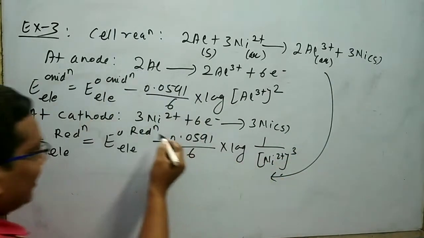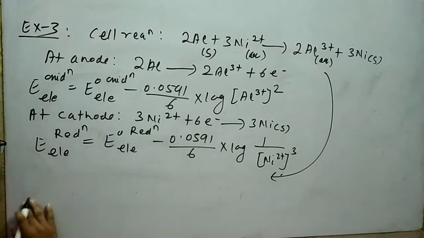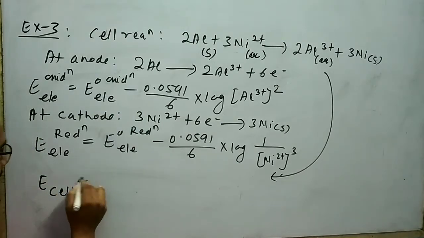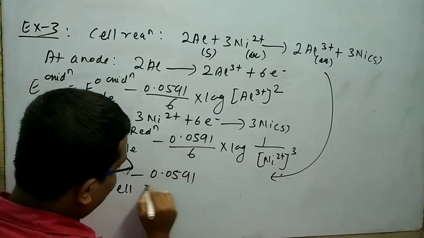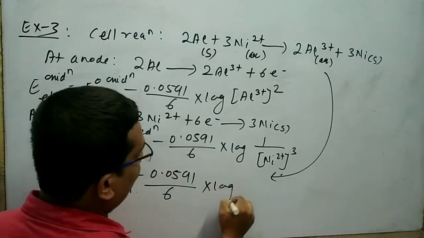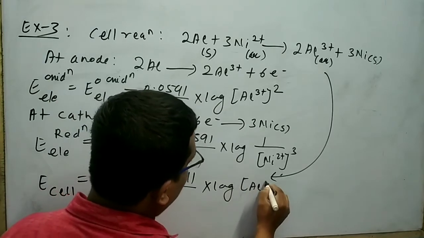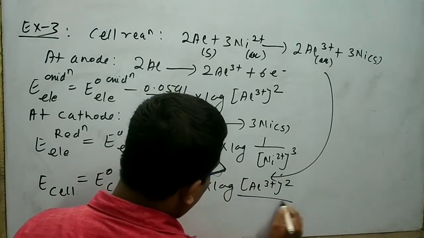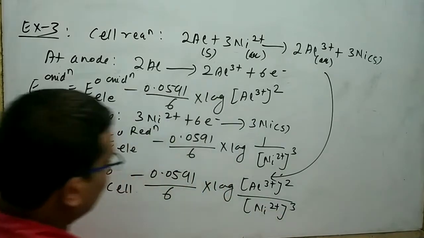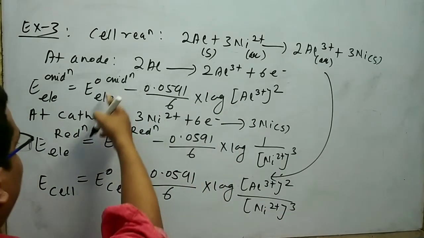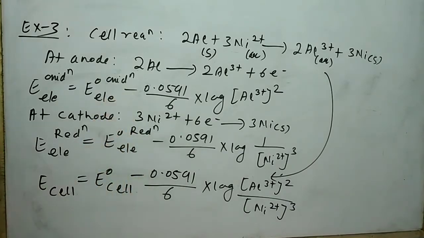Now I can write the Nernst equation for this cell reaction. E cell equals E0 cell minus 0.0591 divided by 6 into log of concentration of Al3+ power 2 divided by concentration of Ni2+ power 3. This relation can be obtained by combining these two relations.